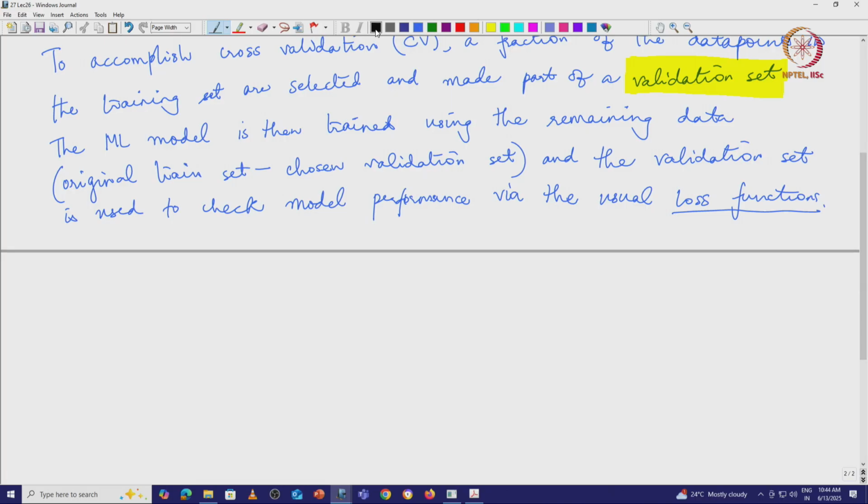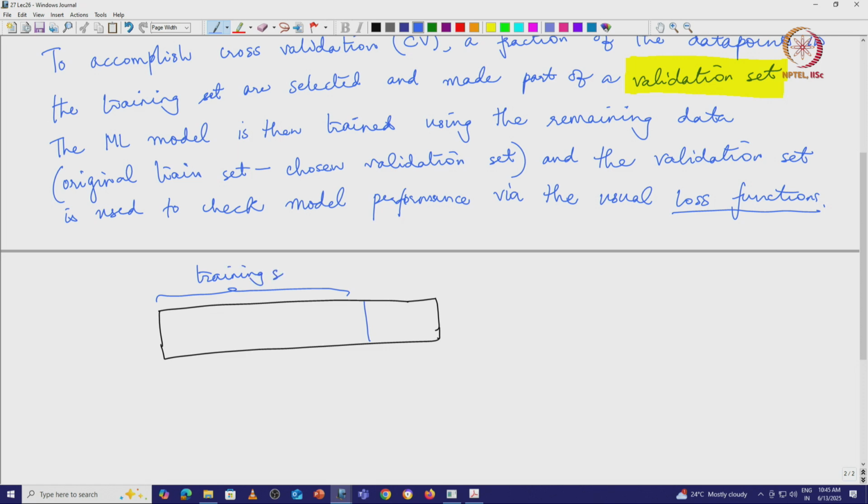So essentially you have a train and the test set, right. So initially let us say this is the partition here. So this is the train set or training set and this is the test set. Okay.